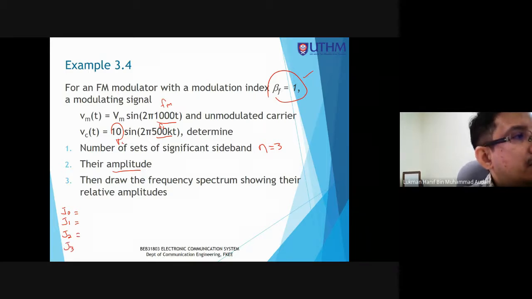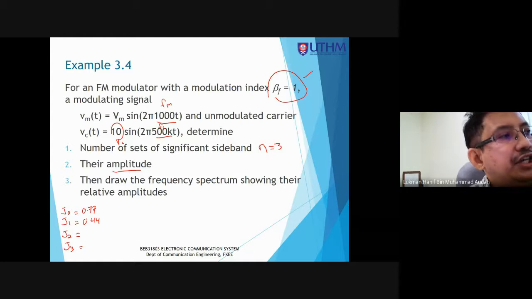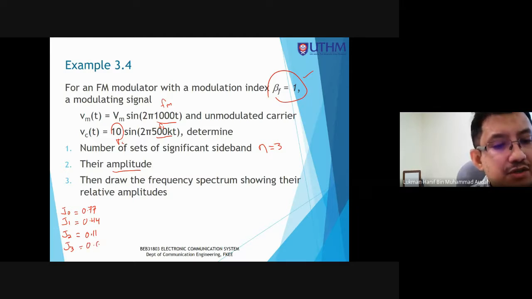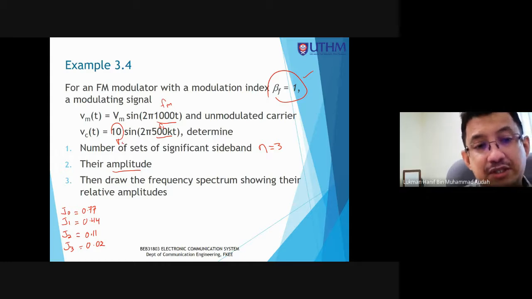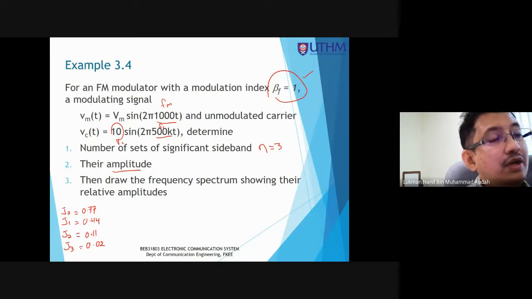J0 is 0.77, J1 is 0.44, J2 is equal to 0.11, J3 is equal to 0.02. This is based on the table. Now we want to determine the amplitude, and we can determine the frequency as well.